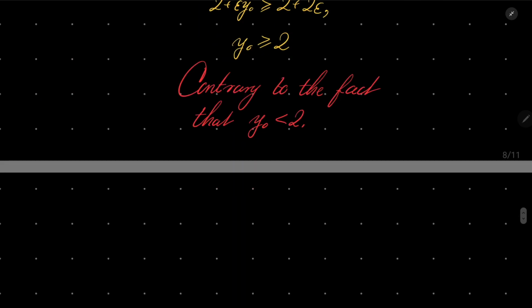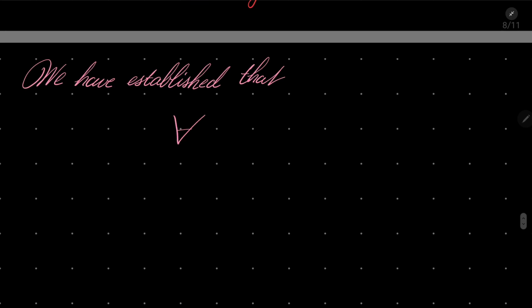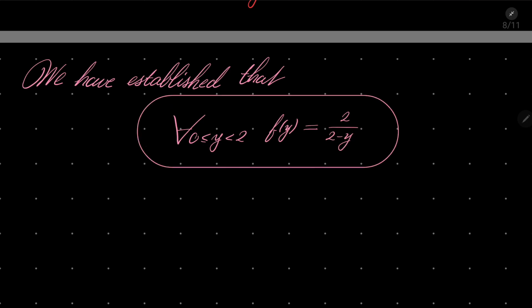So we have established that for every y between 0 and 2, f of y equals 2 over 2 minus y. And let's mark this condition, I don't know, square.